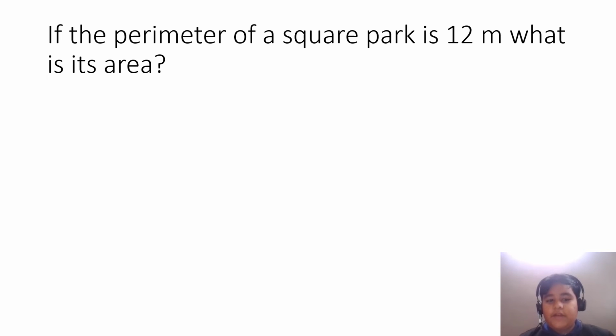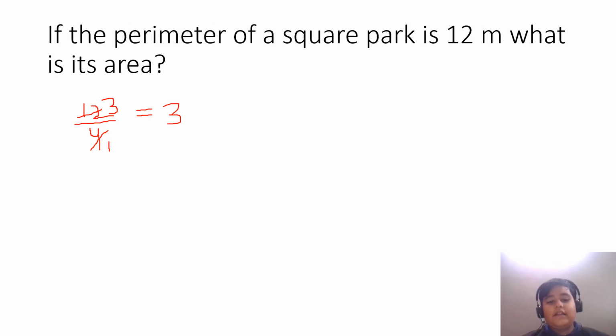If its perimeter is 12, we have to divide 12 by 4. 4 ones are 4, 4 threes are 12. Answer will be 3.